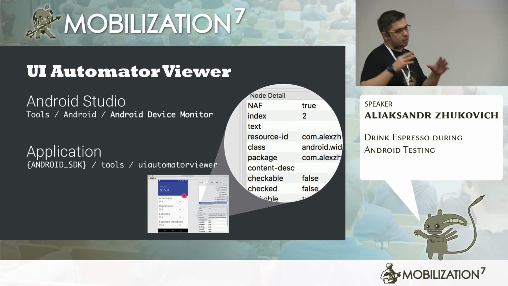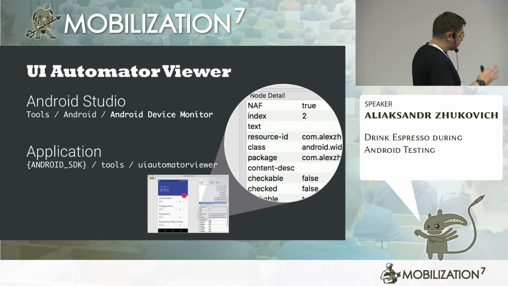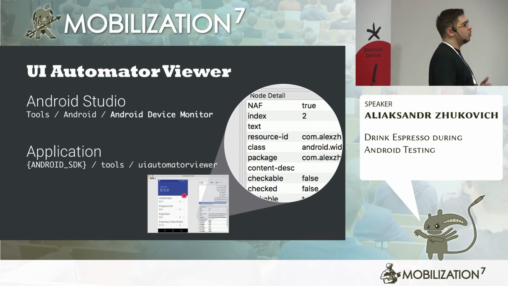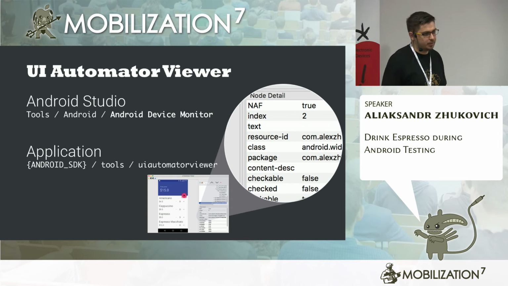UIAutomator Viewer is a really cool tool which allows us to get information about each view on the screen. It's part of the Android SDK. It means that we can use it from Android Studio or run it as a separate application.